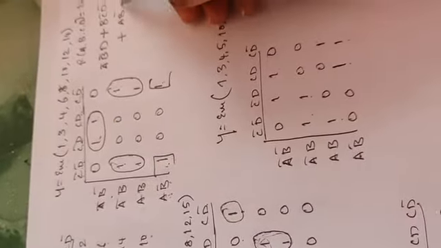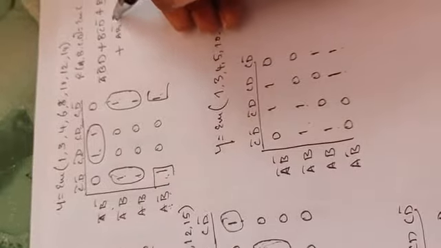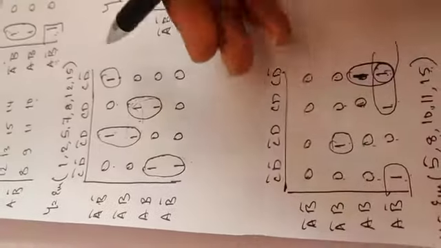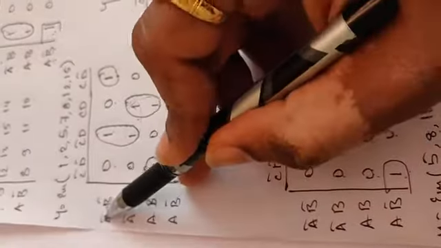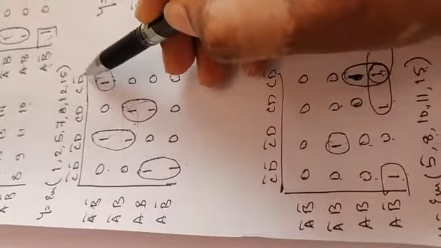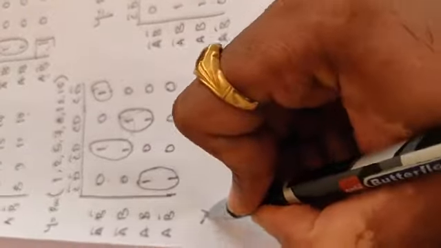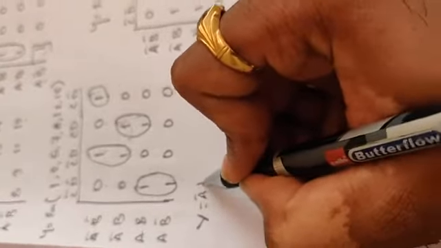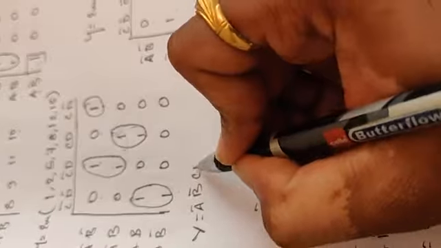So write D bar. This is your final expression. Let me come here. Okay, let me write the expression for this one. A bar, B bar, C, D bar.